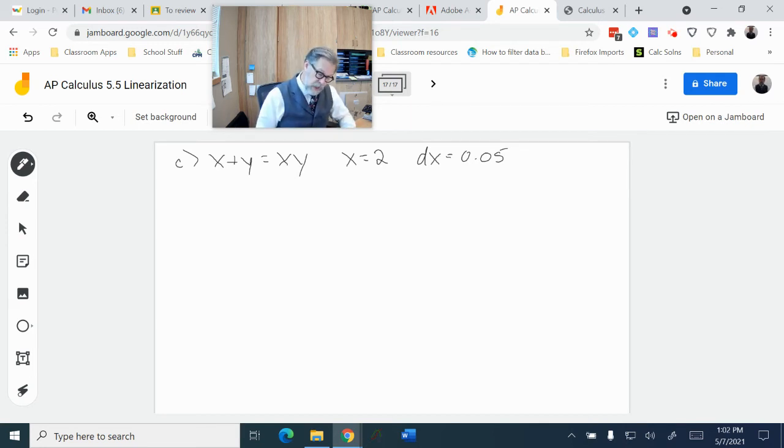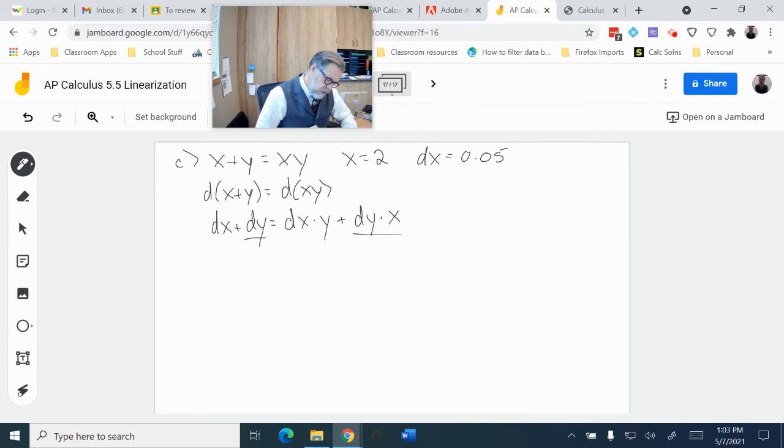Let's look at this with implicit differentiation. Well, first of all, I'm taking the derivative of the left and the derivative of the right. The sum rule says that this would be the derivative of x plus the derivative of y. The product rule says that this is the derivative of x times y plus the derivative of y times x.